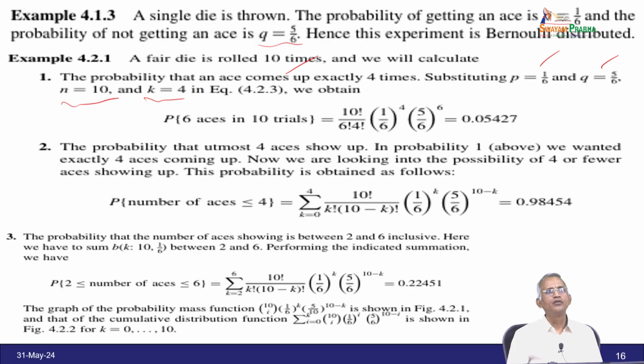Then we have a rule to obtain 4 aces in 10 trials, the formula is n factorial by, n is 10, and the remaining is 6 faces, therefore 6 factorial, and here k is equal to 4, therefore k factorial is 4 factorial, into p power 4 into q power n minus 4 is 6, therefore 1 by 6 whole power 4 and 5 by 6 whole power 6.